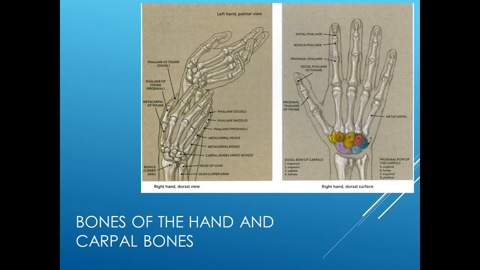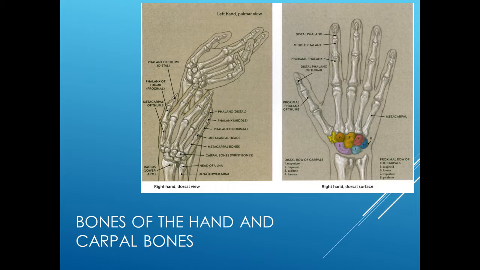Here are the bones. We're traveling down the arm. We started with the humerus, then moved to the ulna and the radius, and now we're looking at the bones of the hand and carpal bones. Here we have the phalanx of the thumb, which is distal. Remember, distal means further away from the torso, and this bone is proximal.